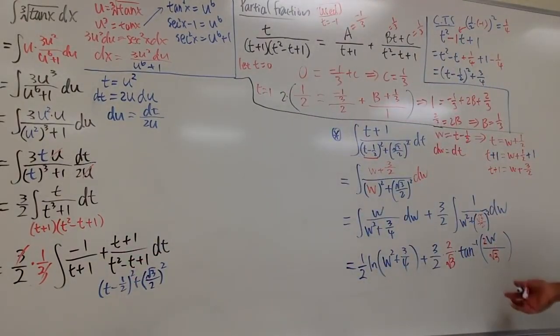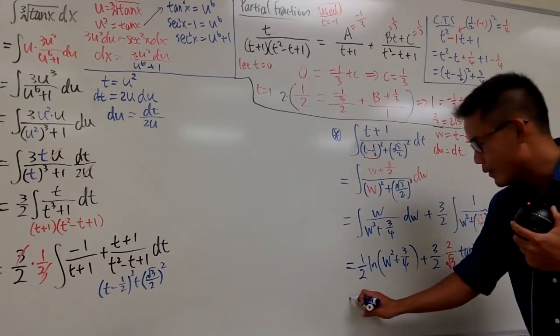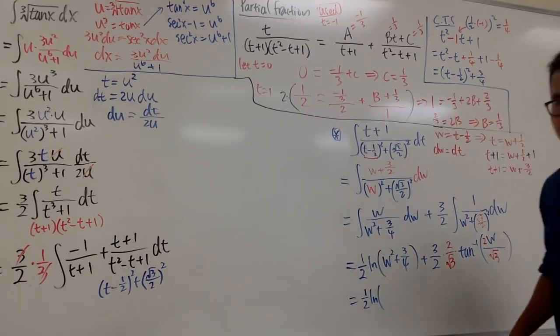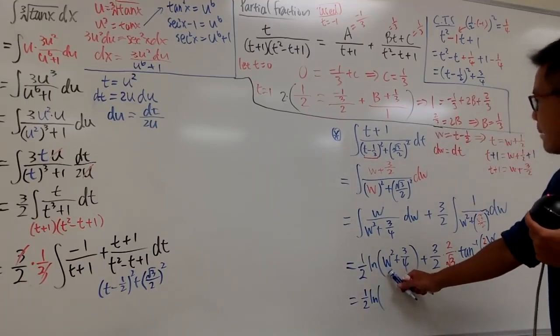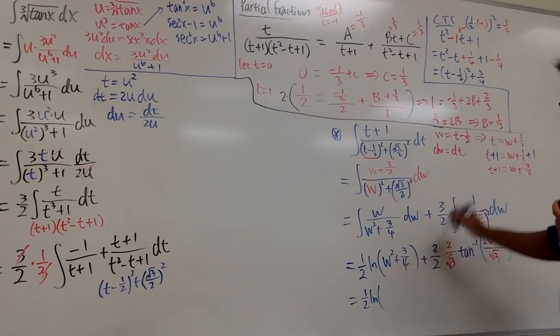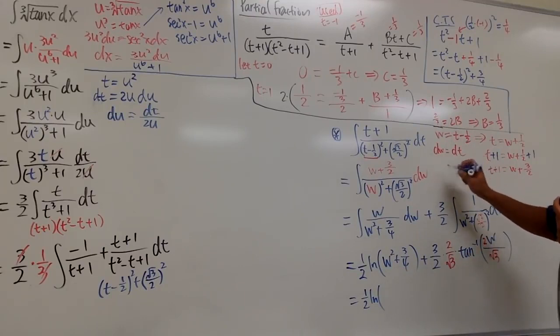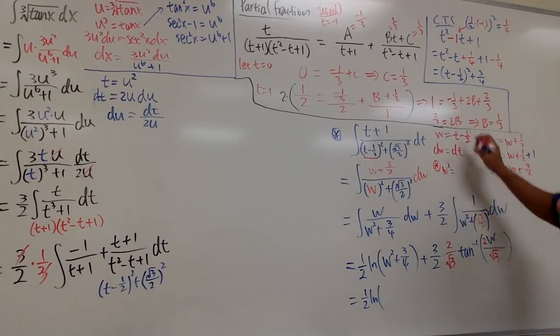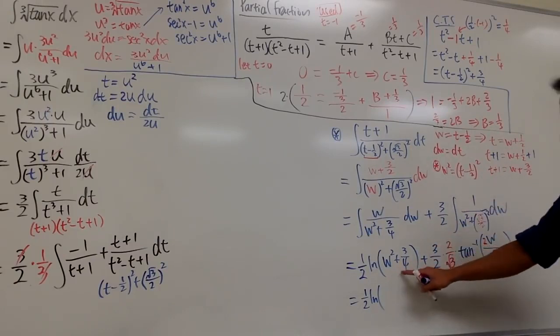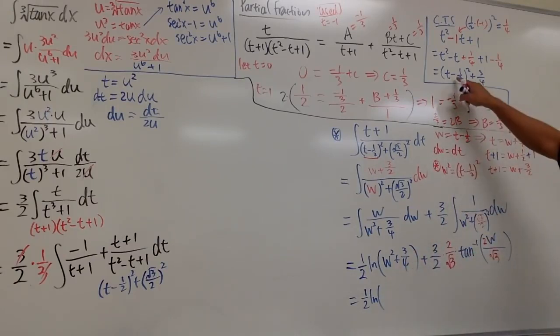And I just have to take this back to the t world, which I will do right here for you guys. This is 1/2 ln parentheses, and check this out. W is t minus 1/2. So w squared is the same as t minus 1/2 squared, and then if you add that with 3 over 4, it's pretty much this.